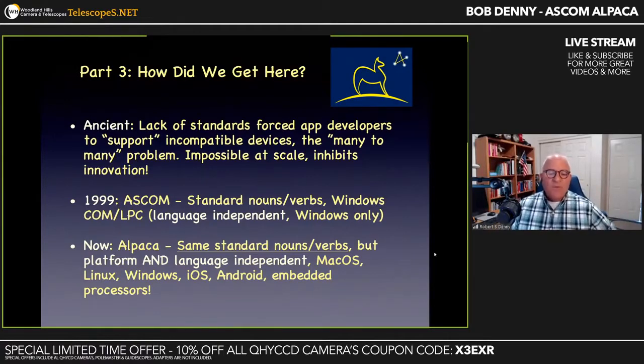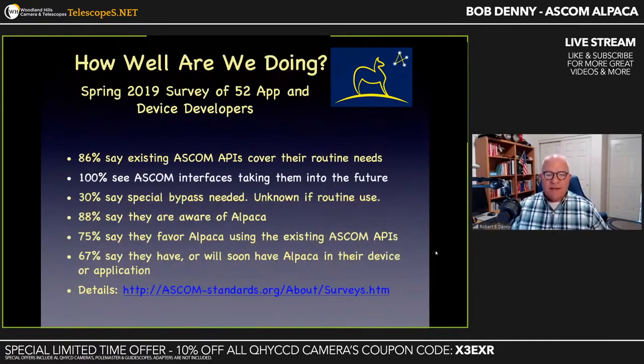So what's happening now is we're doing the same thing, but going out beyond Windows. I'm going to zip right by that because there's so much more I could say there, but it doesn't really add that much to what I'm going to do. Same with this. We took a survey last year of 52 app and device developers to see how well the APIs, the standards, were covering their needs and whether they thought it would take them into the future.